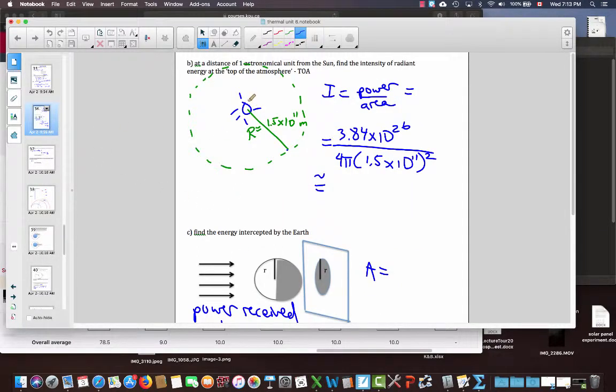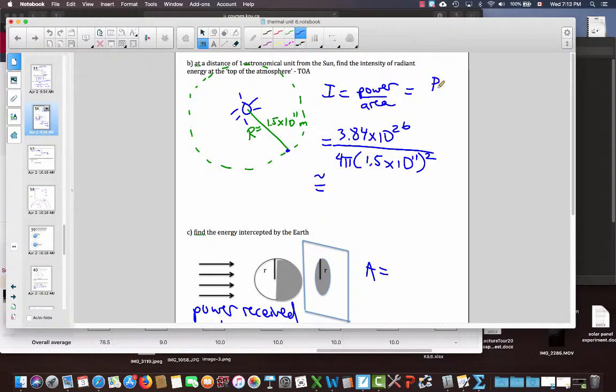Now, that energy coming from the sun is going to spread out in space over a heliocentric sphere. When it gets out here to the Earth, that's an astronomical unit, or 1.5 times 10 to the 11 meters away. So that radiant power from the sun is spread out over a rather large sphere.